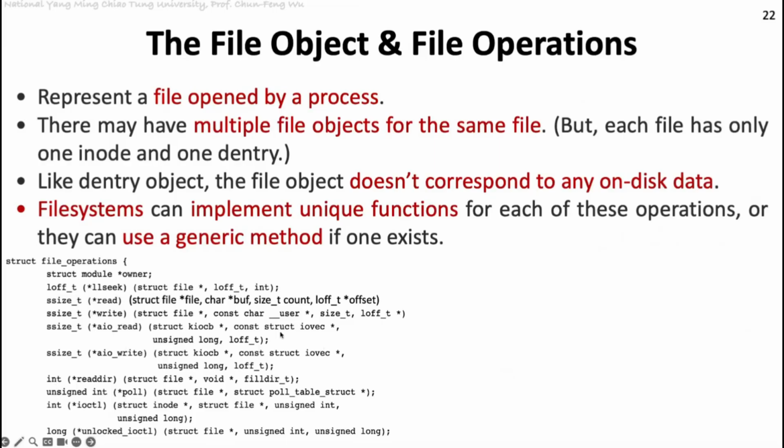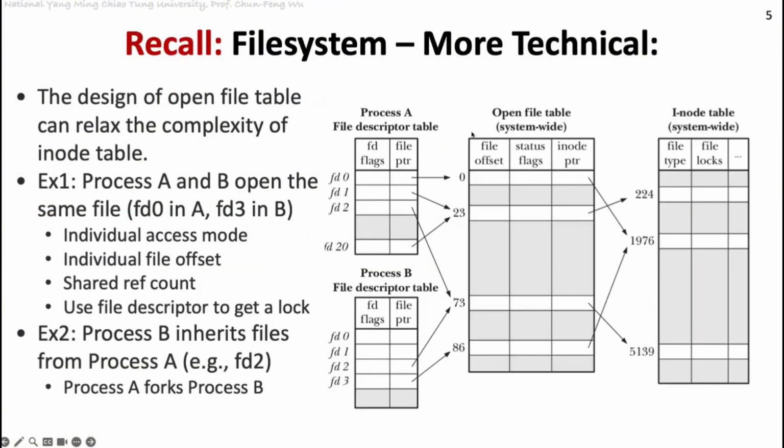Then the programmer can call the VFS, and the VFS will help translate to the corresponding file system operation. For example, read reads count bytes from the given file at position offset into the buffer. The offset is the offset here in the open file table. So these are very similar concepts to think about together.